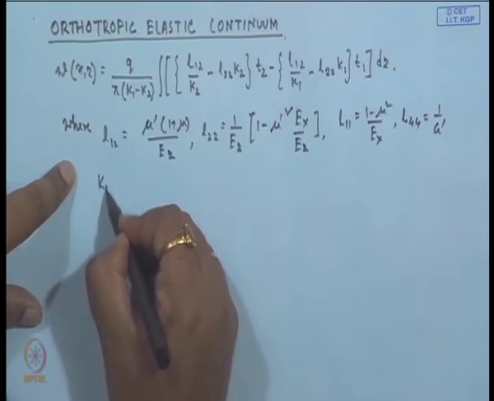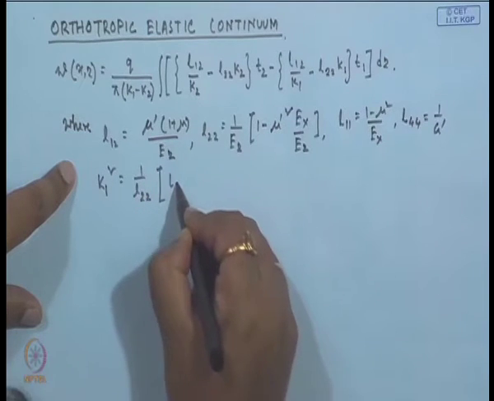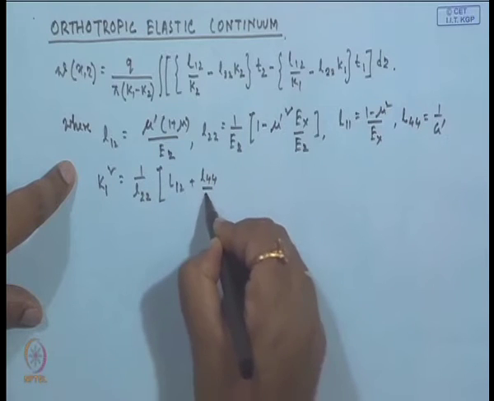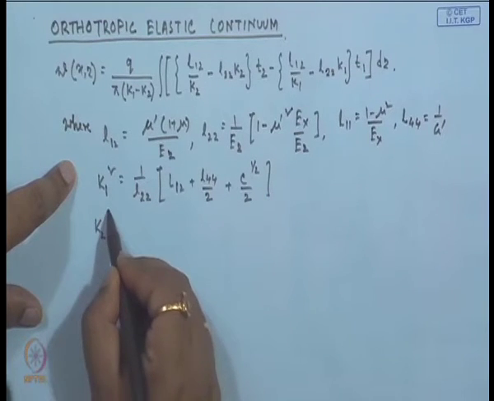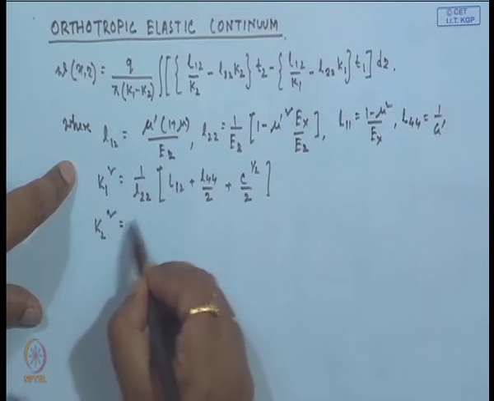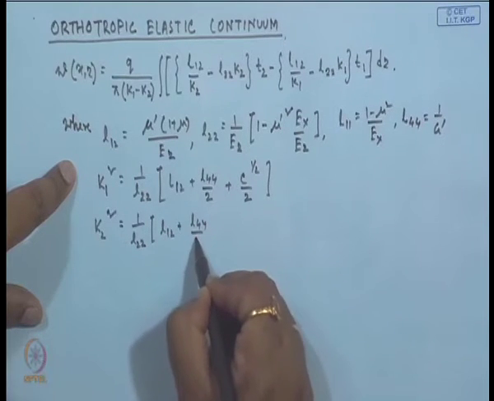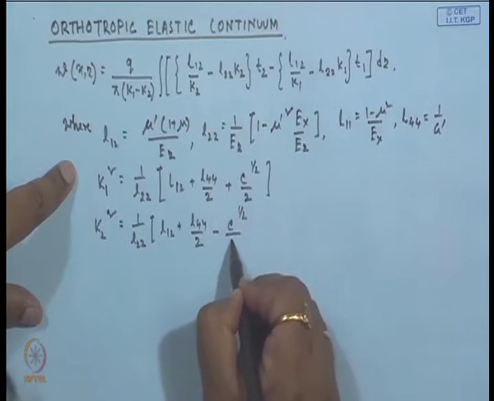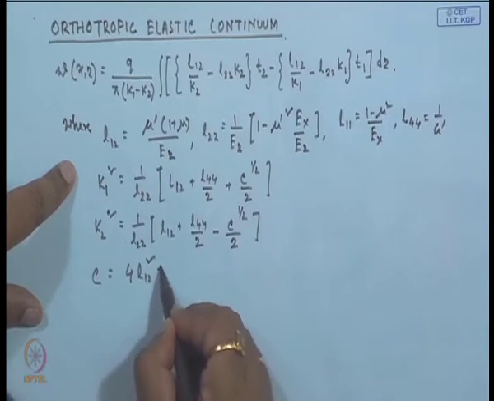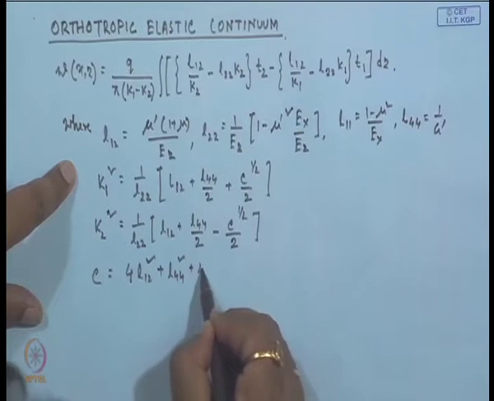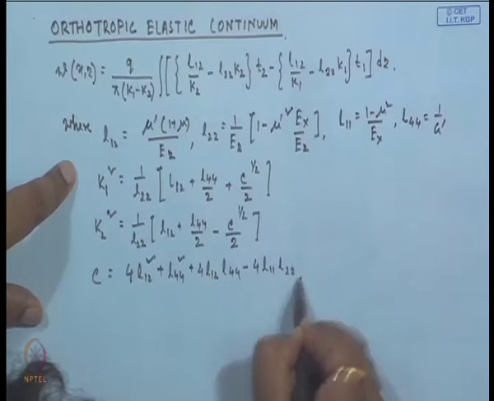Now, k1 square is equal to 1 by L22 into ((L12 plus L44 by 2) plus c to the power half by 2), and k2 square is equal to 1 by L22 into ((L12 plus L44 by 2) minus c to the power half by 2), where c is equal to 4 L12 square plus L44 square plus 4 L12 L44 minus 4 L11 L22.